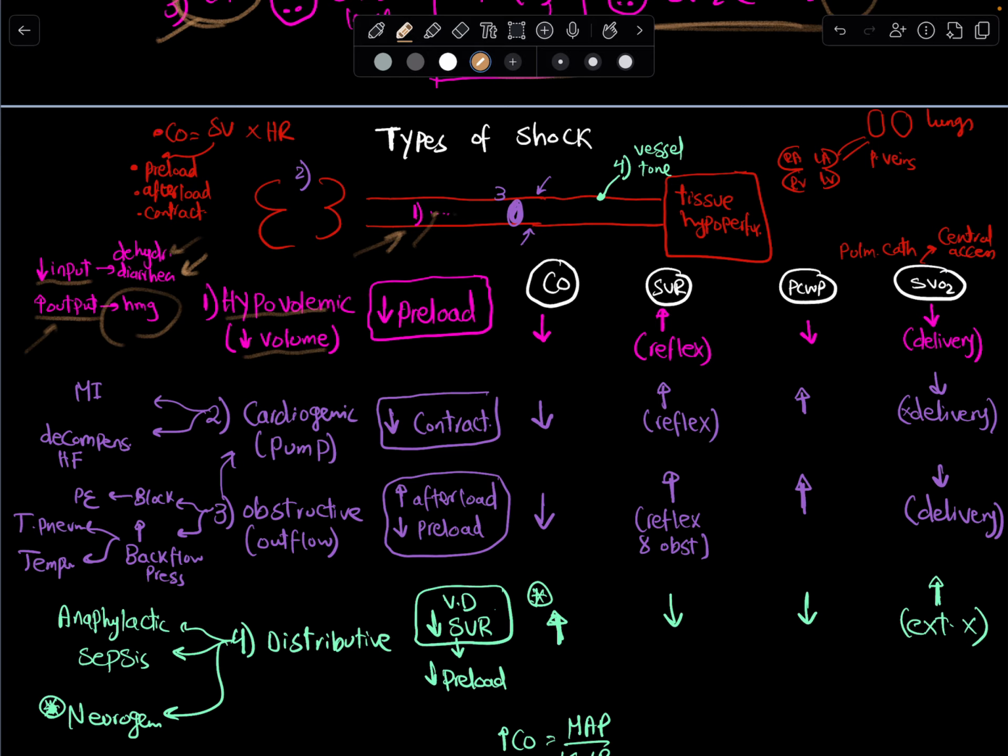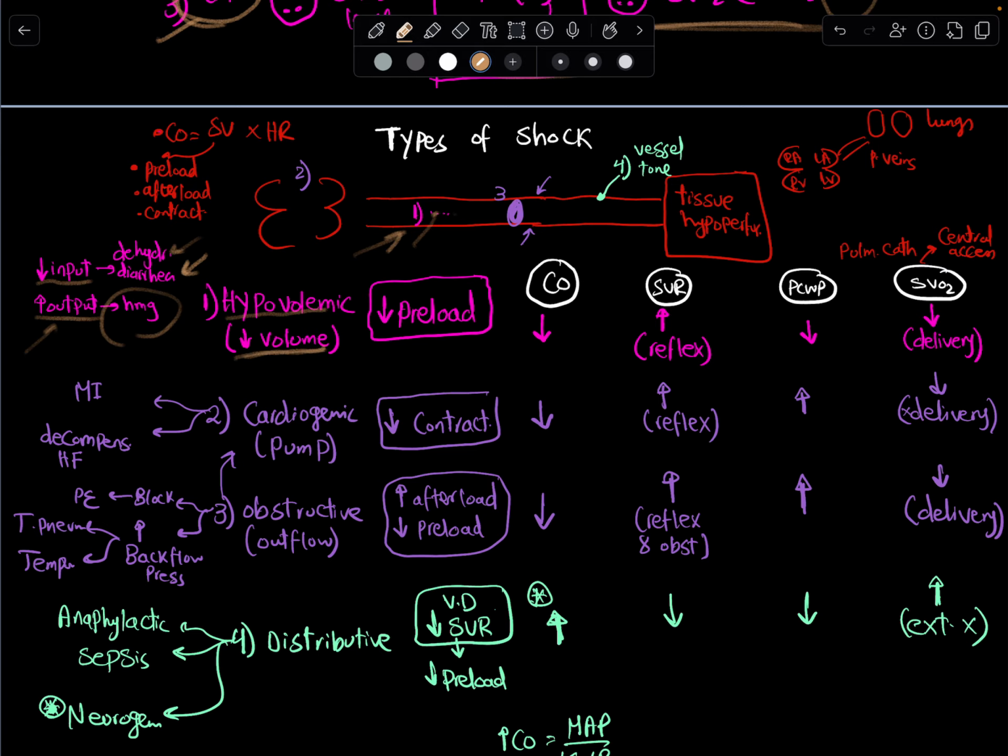So in hypovolemic shock, you mainly have a decrease in the volume, which decreases the preload, right? Because again, remember this equation: cardiac output equals stroke volume multiplied by heart rate, and for stroke volume you need preload. So if you have a problem in preload, you have a problem in the stroke volume, and a problem in the cardiac output, right? So here, the cardiac output will be decreased in hypovolemic shock.